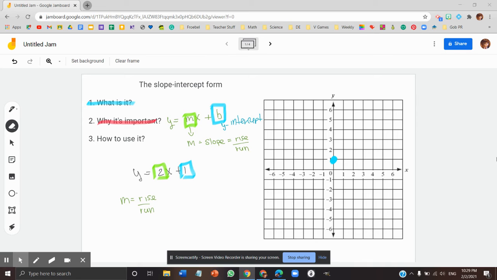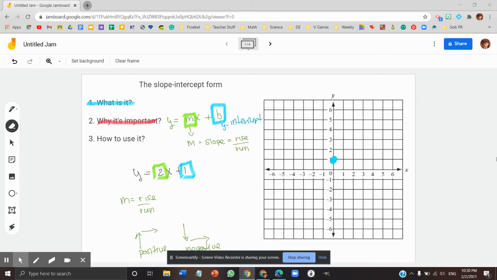So for example, I can move from my first point to go up and to the right, and that is when my slope is positive. Or I can go down and to my right, and that is when my slope is negative.